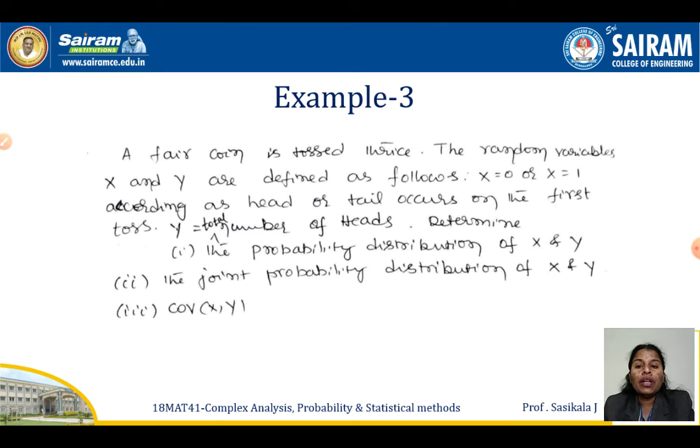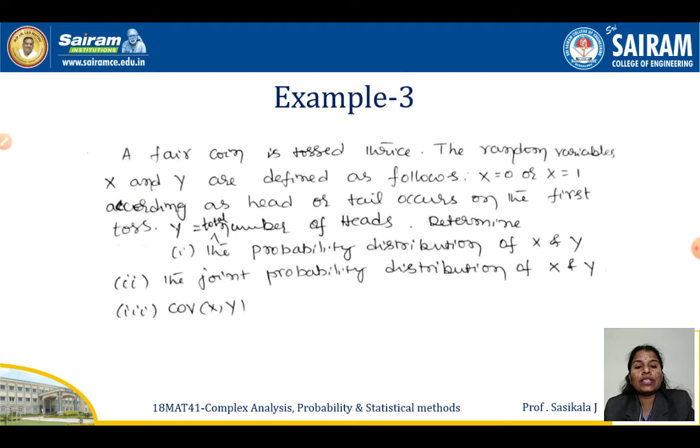Same concept. When x is equal to 0, head will come on the first toss. Suppose x is equal to 1, tail occurs first. Then y is the total number of heads. After fixing your x, we can easily make the y. In each x value you can go with the total number of heads, which will give your y value.